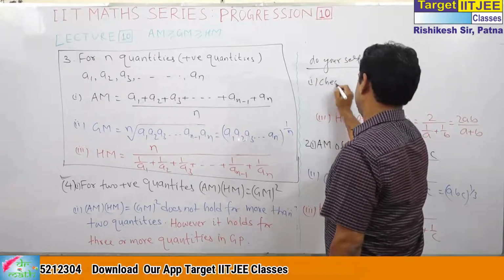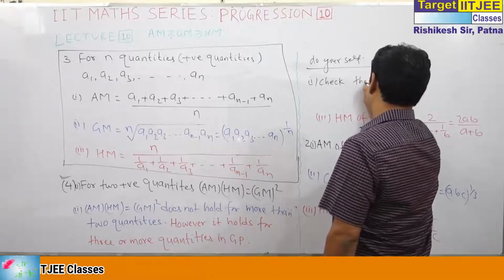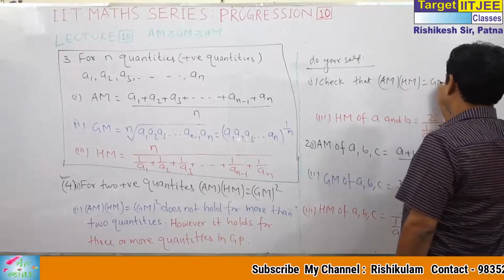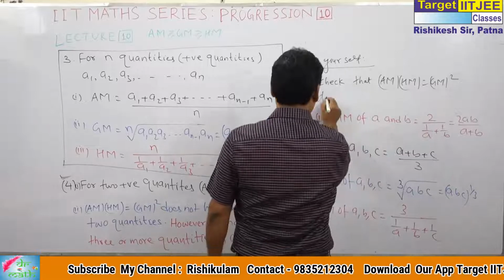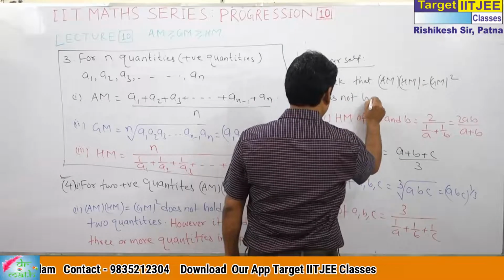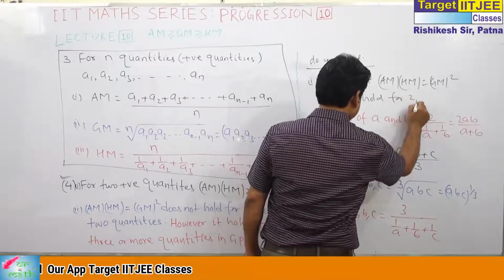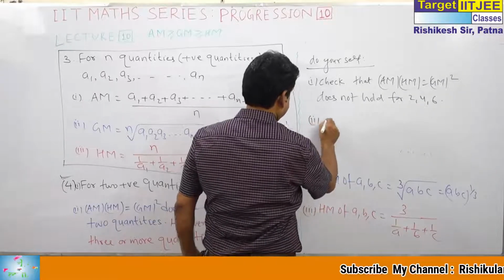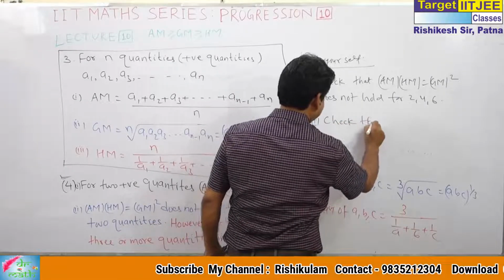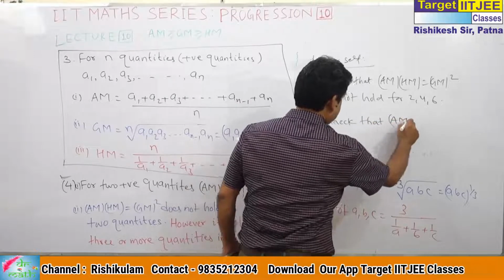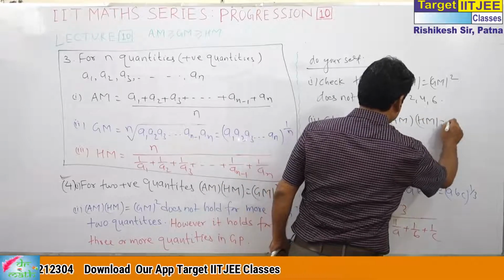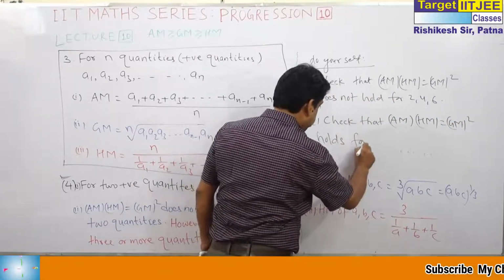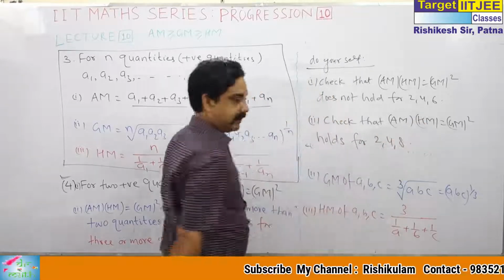Check that AM into HM equals GM squared does not hold for 2, 4, 6, and check that AM into HM equals GM squared holds for 2, 4, 8.